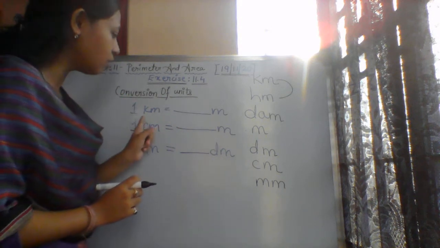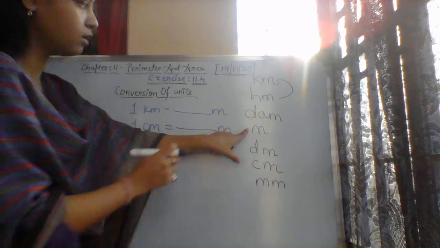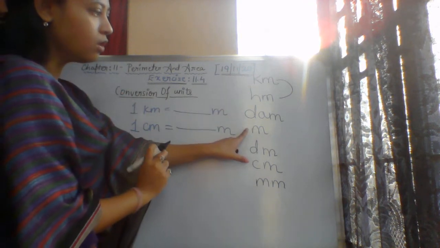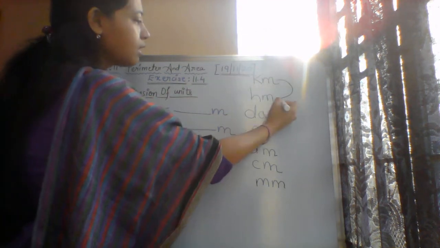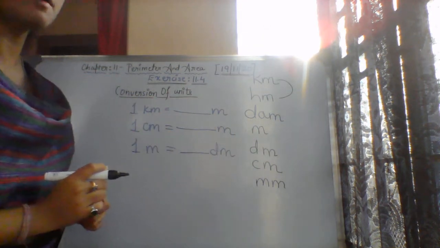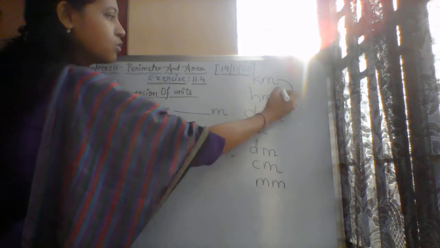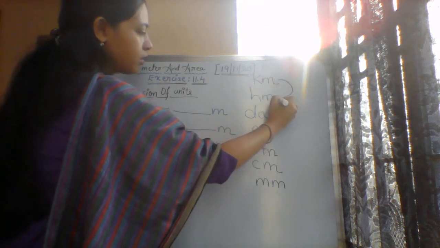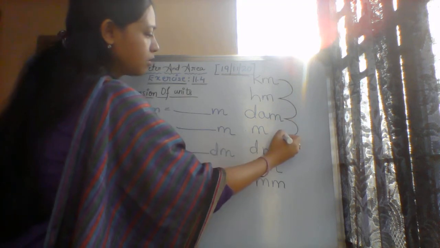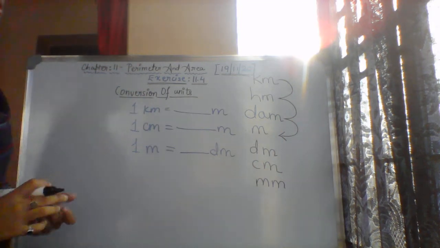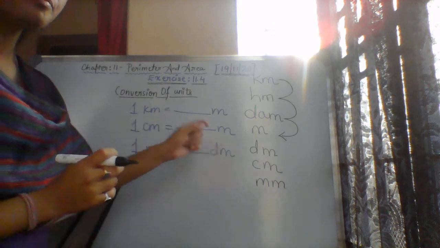So kilometer to meter I have to go. We have to see after how many jumps we can come to the meter. Kilometer to hectometer one jump, then decameter, then meter. So in total 3 jumps we can come to the meter.